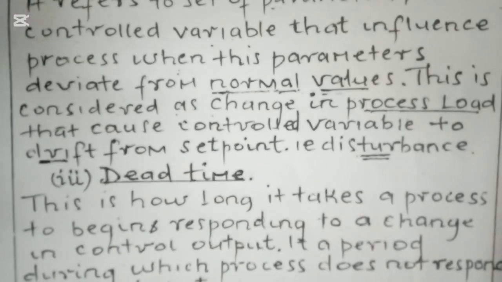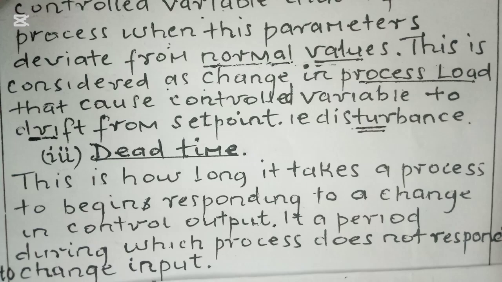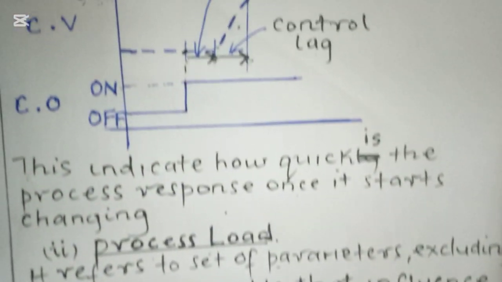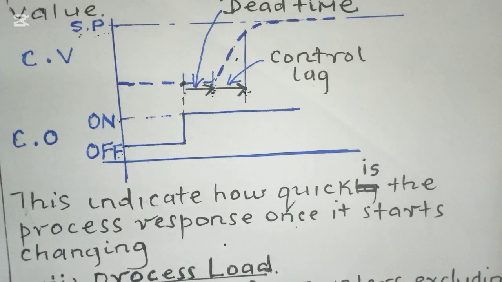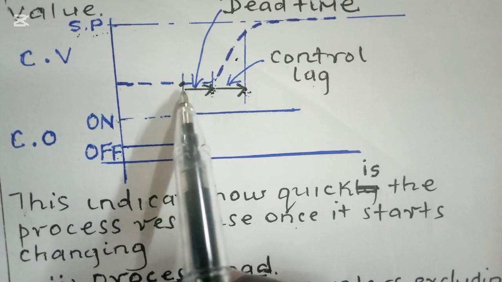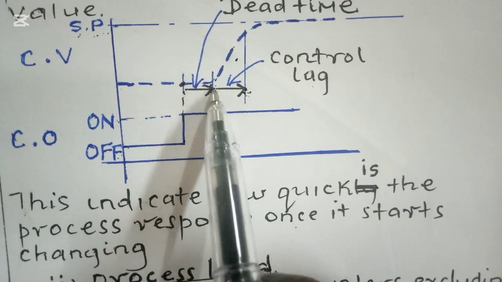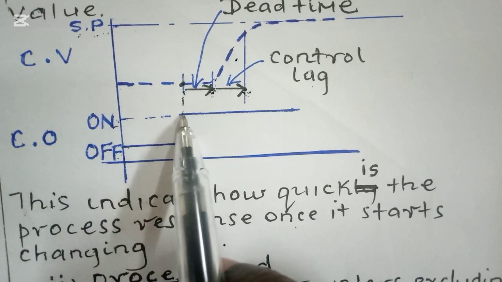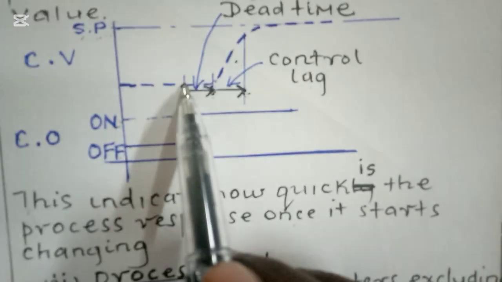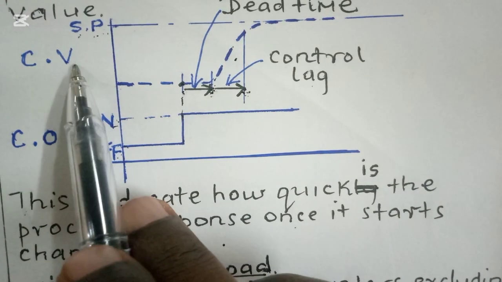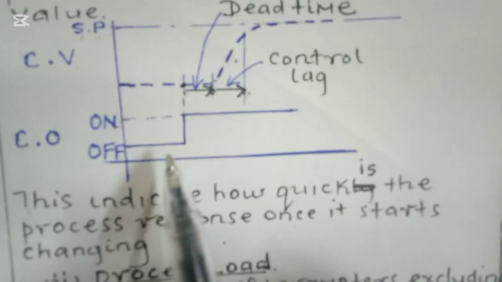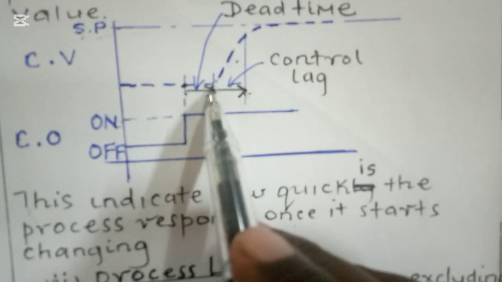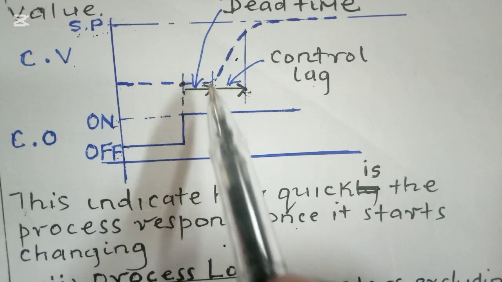And then we have the dead time. Going to the dead time, we go back to our graph here. As you can see, here we have what we call the dead time, that is from this point to this point. Meaning that even when the controller comes on, you will not notice any change in the controlled variable. For example, if we are heating water and we put the gas on, the temperature will not begin to change all of a sudden.